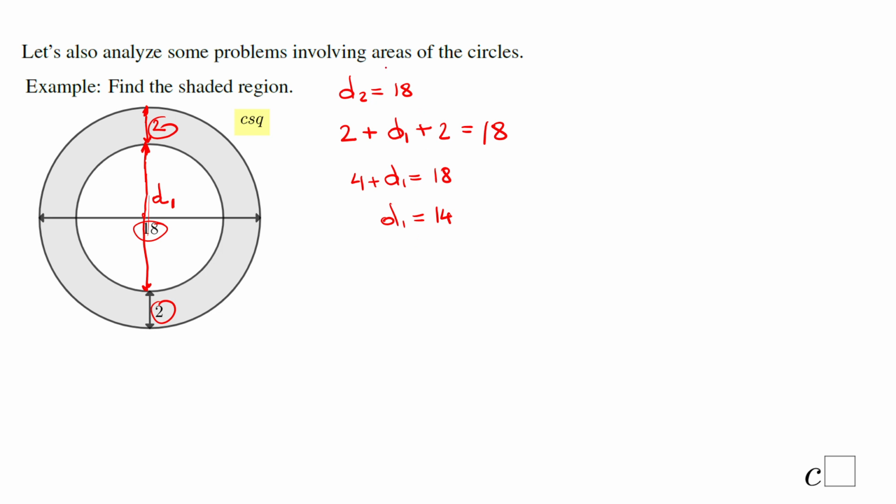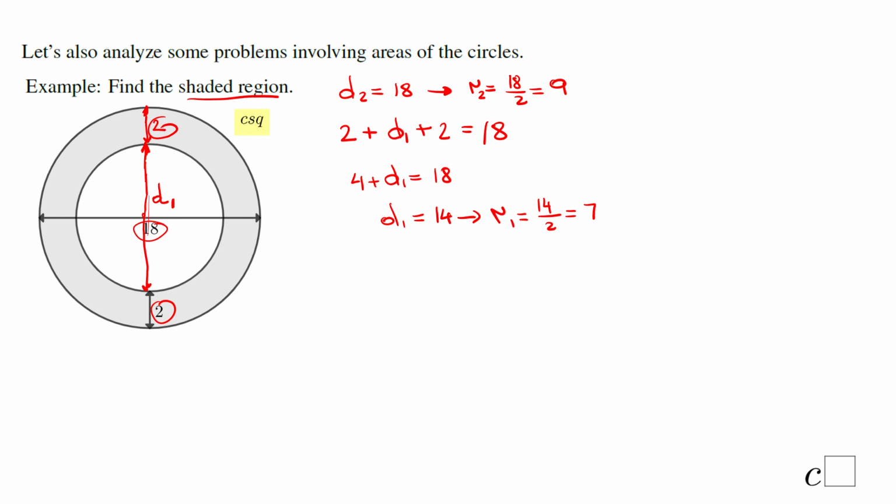Since we talk about areas, shaded region, we want to find the radius for each circle. So for example, here the radius, and I'm going to call it R2, is the diameter 18 divided by 2, and that will be 9. Very similar here, the radius of the small circle is going to be 14 divided by 2, and that will be 7.